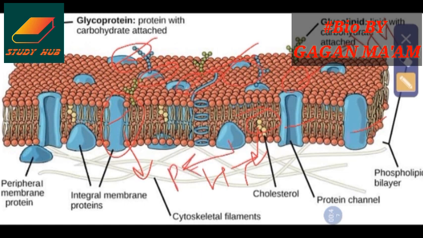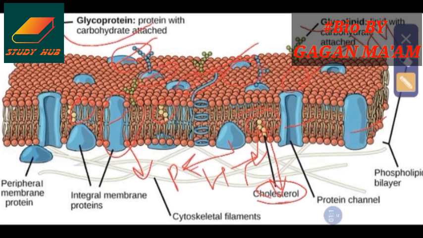Other than proteins and lipids, a small amount of carbohydrates is also present. Here you can see glycolipid and glycoprotein. And this yellow structure, this one and this one, is actually cholesterol.